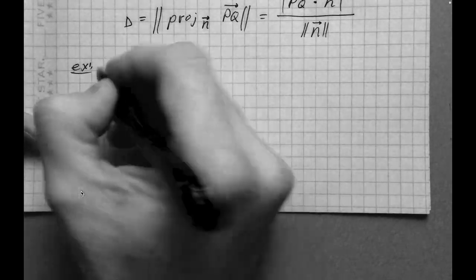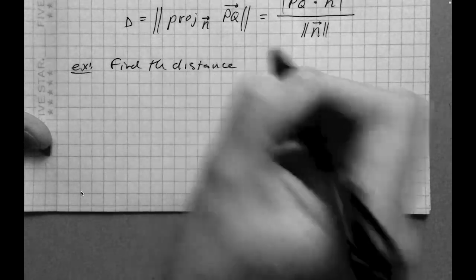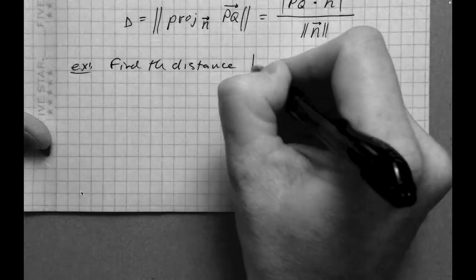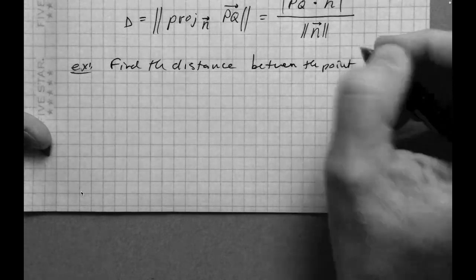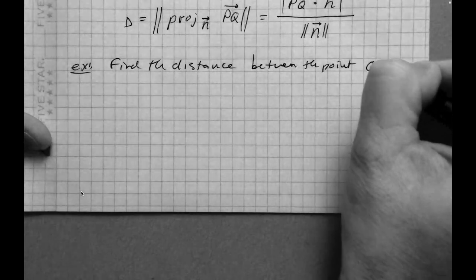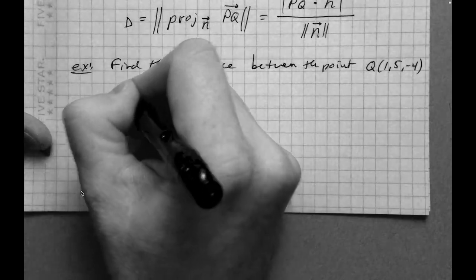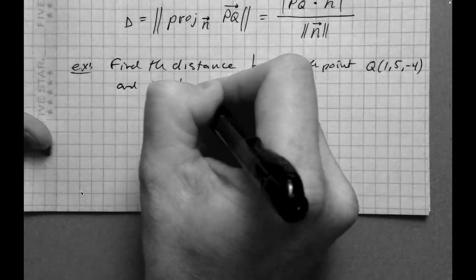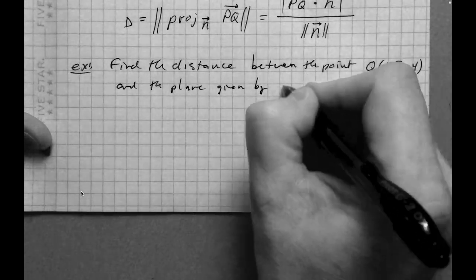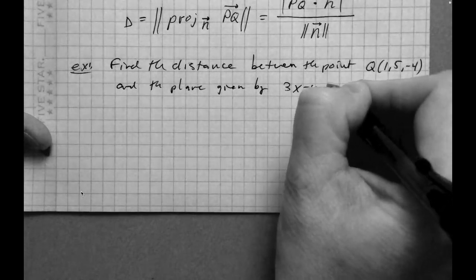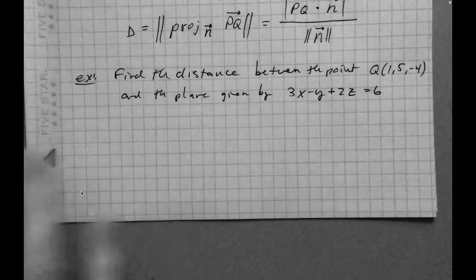All right, we want to find the distance between the point Q, 1, 5, negative 4, and the plane given by 3x minus y plus 2z equals 6.